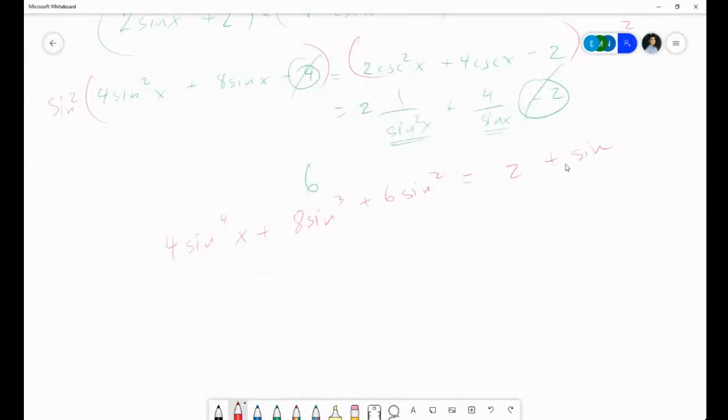So now that I have everything in terms of sine, except this one here. So let's see if I can factor this here. I have 5 now. Let's see.